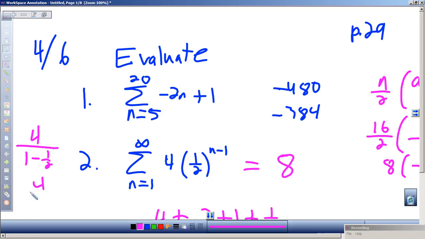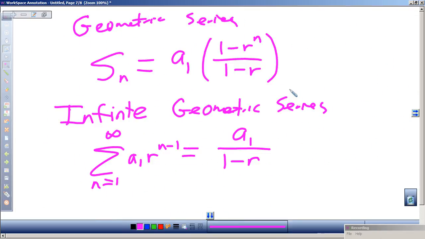What is 4 divided by 1/2? 8, which is what we had over here. So with this formula, we can add up an infinite series, as long as it is geometric.